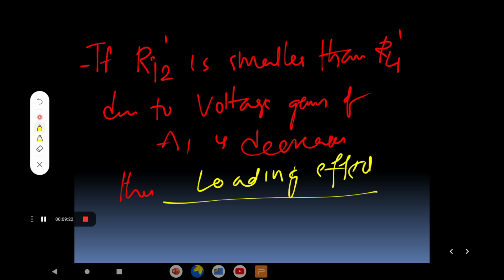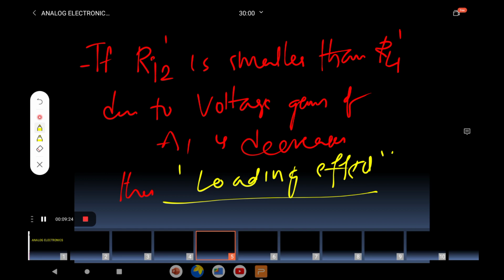Loading effect means RL dash is greater than RI2 dash, and since RI2 dash is smaller than RL1 dash, the voltage gain decreases. That is generally called the loading effect.